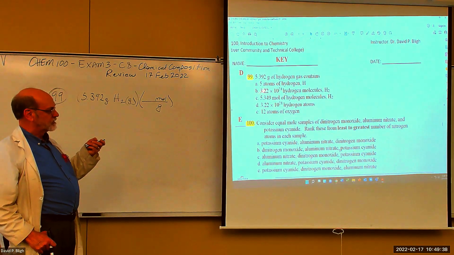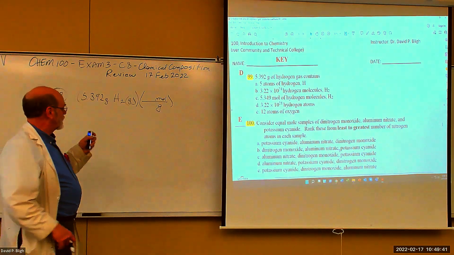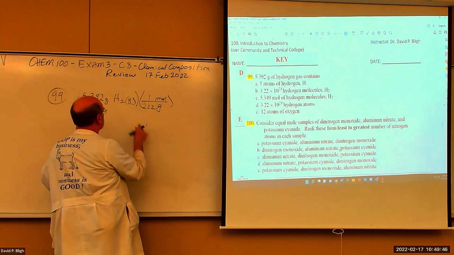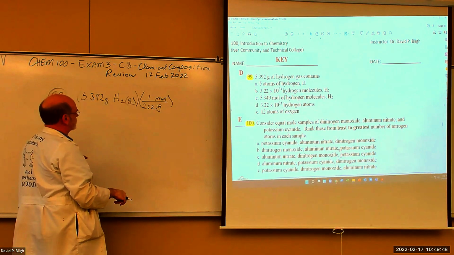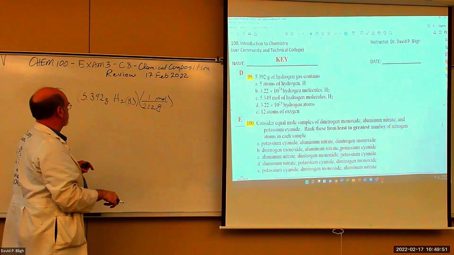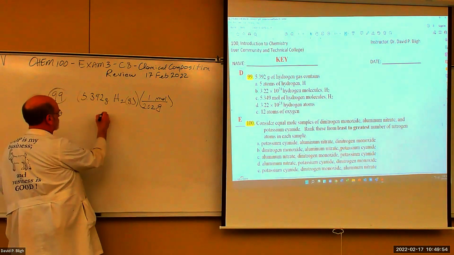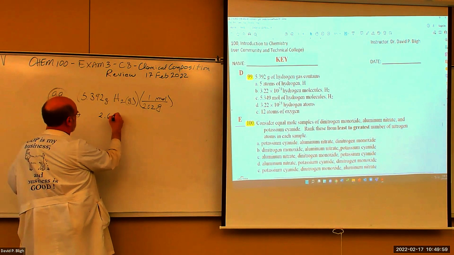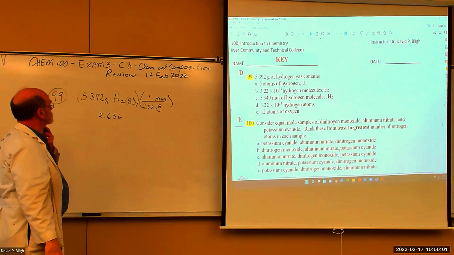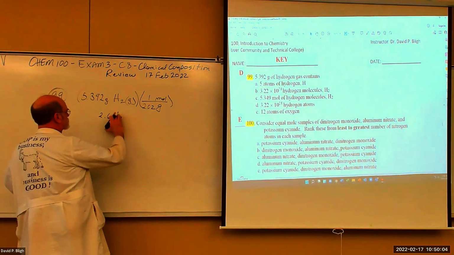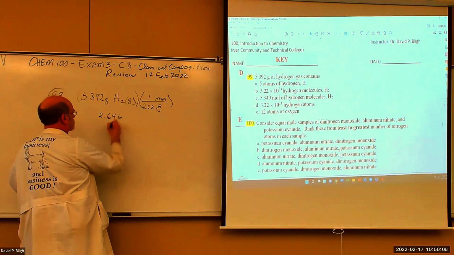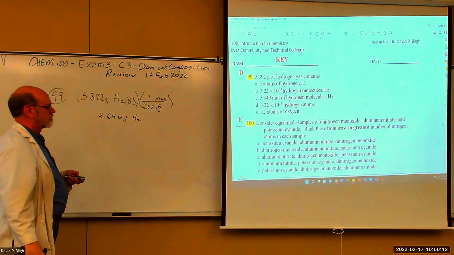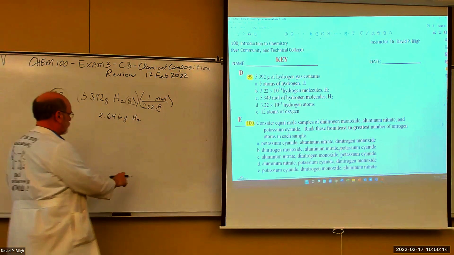Okay, so we're really looking at either B or D. Atoms or molecules. Right? So we got the same number. So how many molecules do we have? 2.02 grams per mole of the molecules. Right? So 2.02 into that is like 2.656. No, 646. Grams. Excuse me, moles.